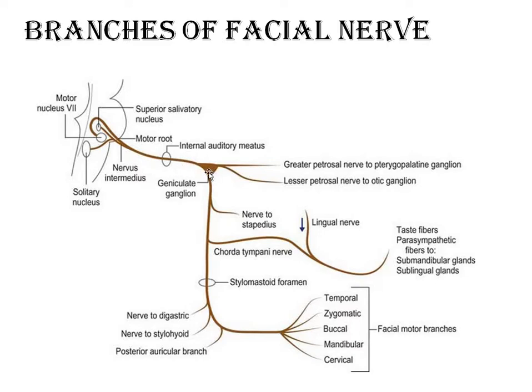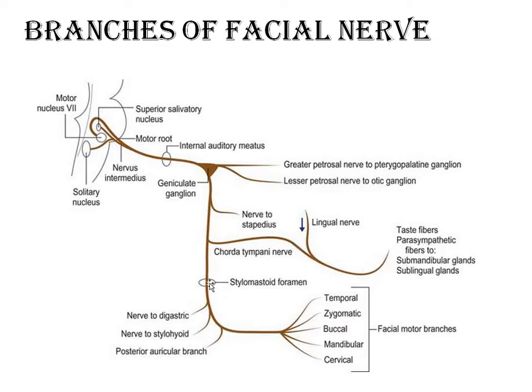Then there comes the geniculate ganglion, from where it gives the greater petrosal nerve to the pterygopalatine ganglion. Then it moves downwards, then gives the nerve to the stapedius muscle. Then the chorda tympani, which further gives branches and supplies the anterior 2/3 of the tongue, the lingual nerve.